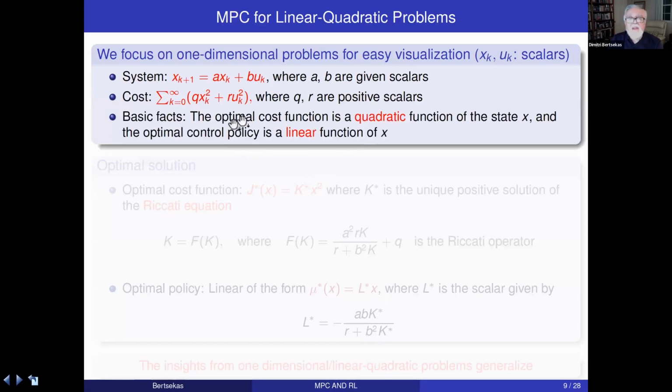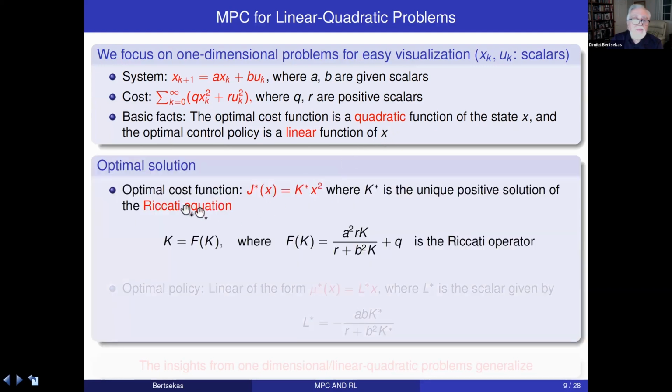And the basic facts around this problem are very well known. The optimal cost function is a quadratic function of x, and the optimal control policy is a linear function of x. And the optimal solution is obtained in terms of a Riccati equation.